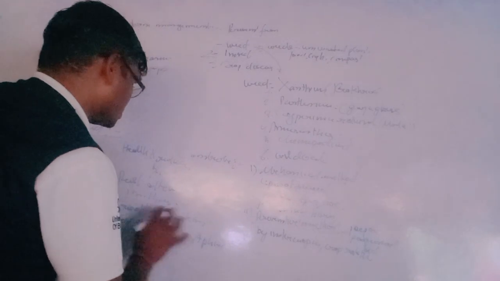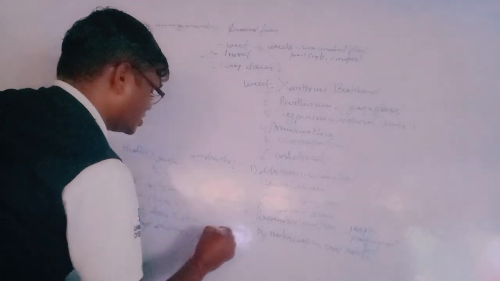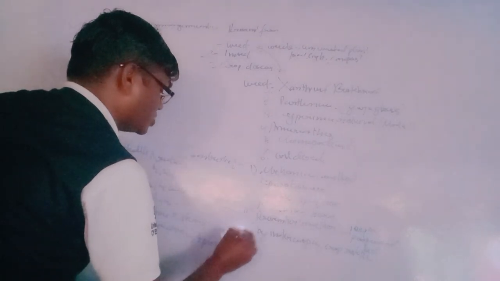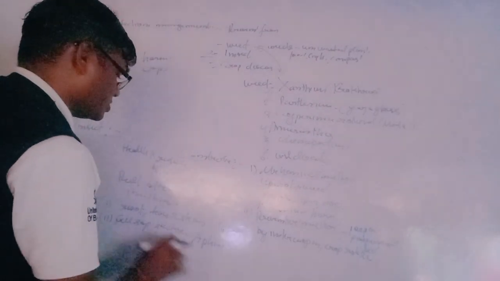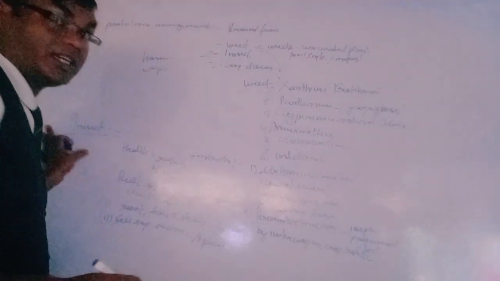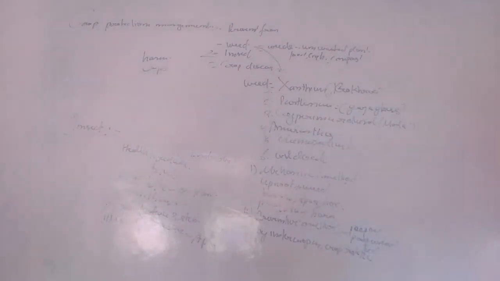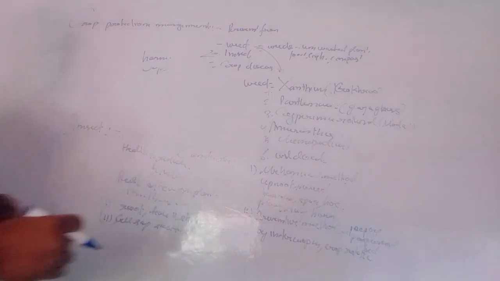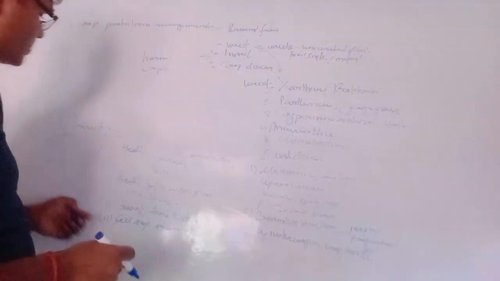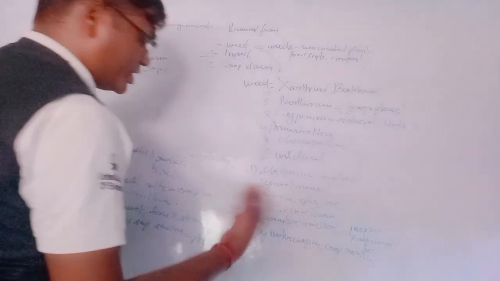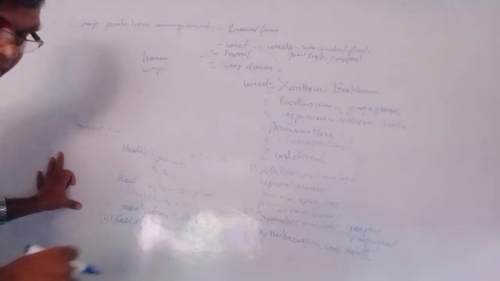In root cutters, we can say the locust is the best example. Cell sap suckers are a type of insect that suck the plant cells and weaken the plants.